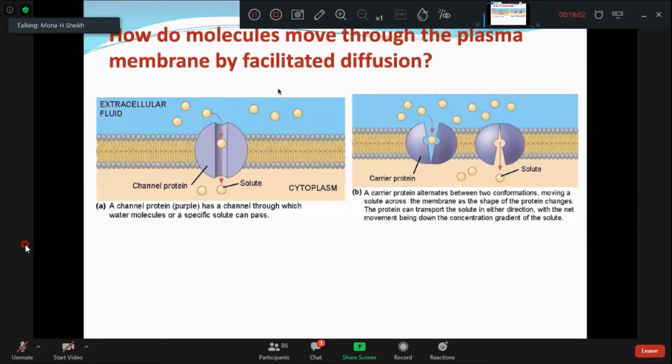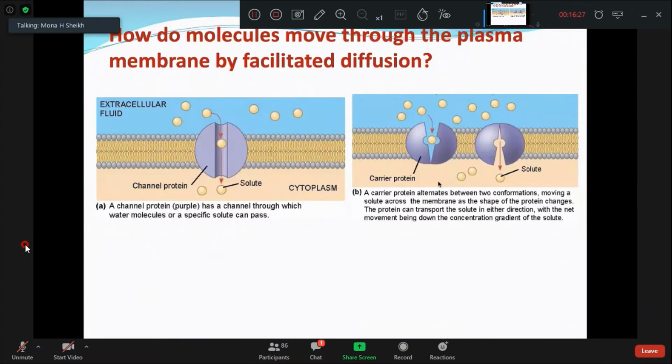Right, so this is facilitated diffusion. What kind of protein is this one? Channel protein. Excellent. So a channel protein like sodium channels, potassium channels, chloride channels, they are like a bridge, and they make it easier for these ionic particles to go to the other side.